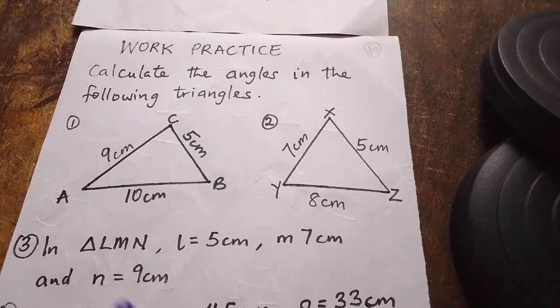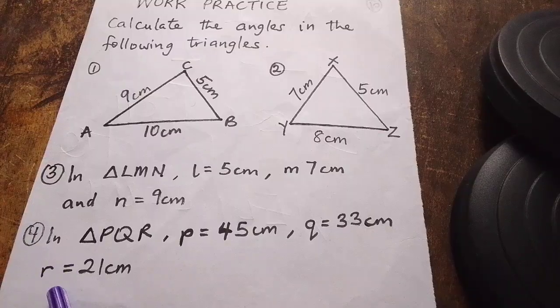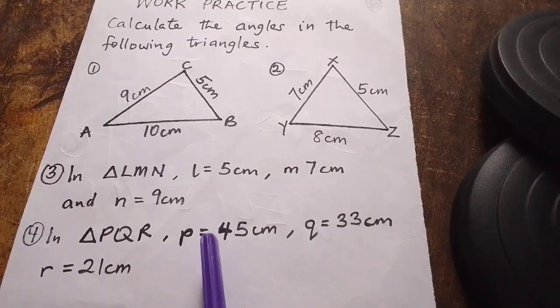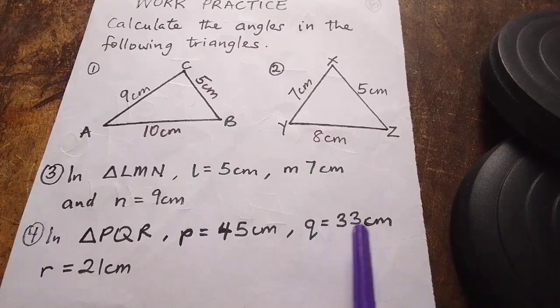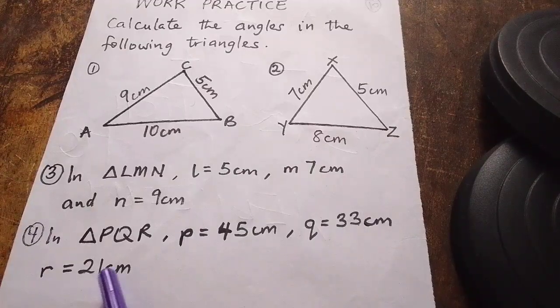In number 3, in triangle LMN, side L is 5 cm, M is 7 cm, and N is 9 cm. And in triangle PQR, side P is 45 cm, side Q is 33 cm, and side R is 21 cm.